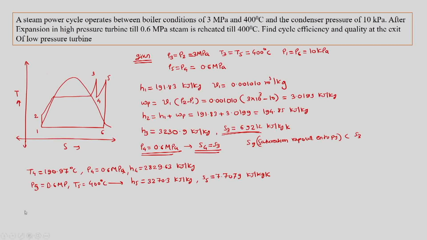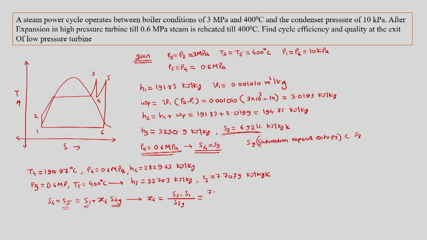So now we can find the state at 6. Since S6 is equal to S5, which is equal to S1 plus X6 into SFG. We have already noted down S1 for the 10 kilopascal case, we also know SFG at 10 kilopascal, and we know S5 is 7.7079. This gives X6 equal to S5 minus S1 divided by SFG.